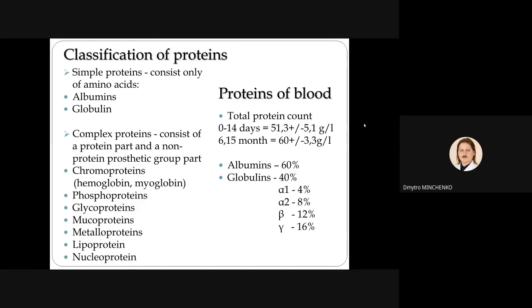These proteins are composed of albumins and globulins. Globulins are composed of alpha 1, alpha 2, beta, and gamma, in total making up the 40%.